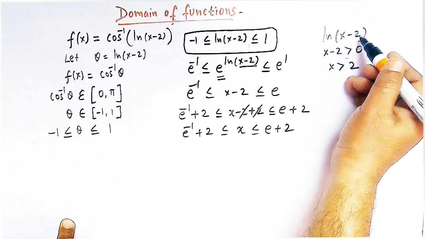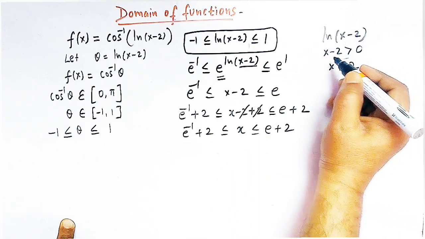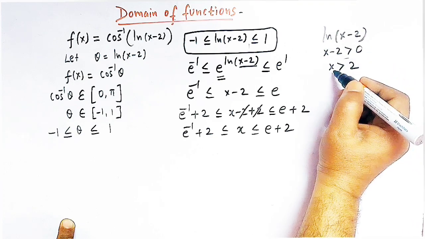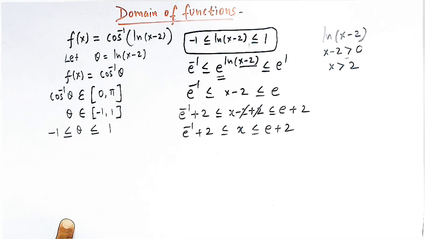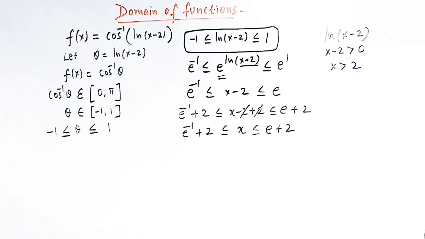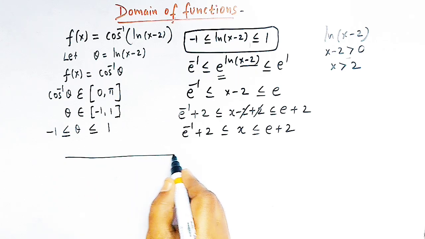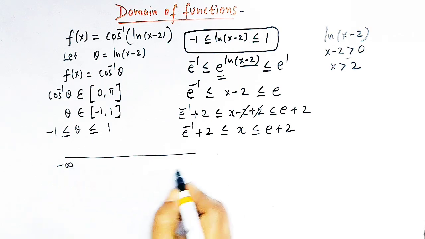So here natural log of x minus 2 is defined when x minus 2 is greater than 0, that is x is greater than 2. So now let us take the help of the real number line. So now here we have the real number line, minus infinity and plus infinity, right?